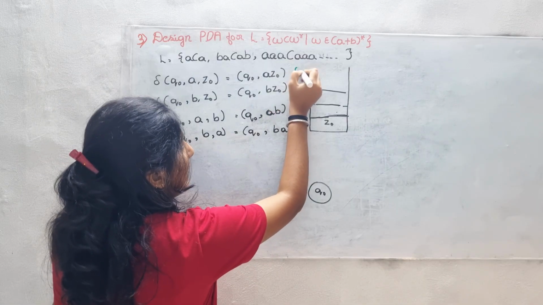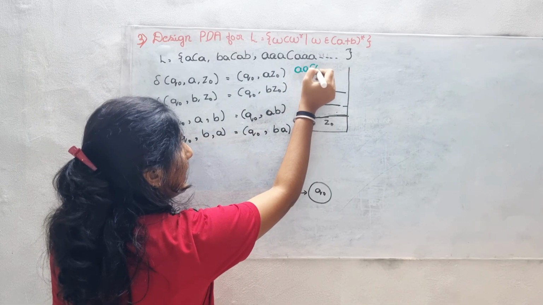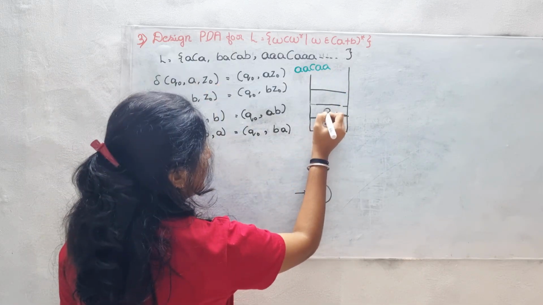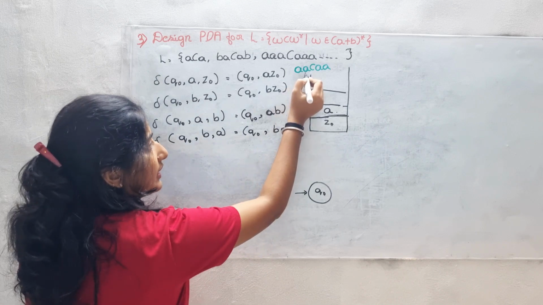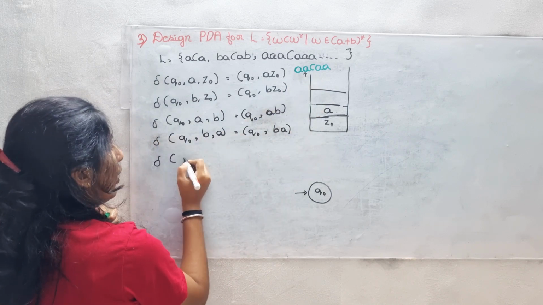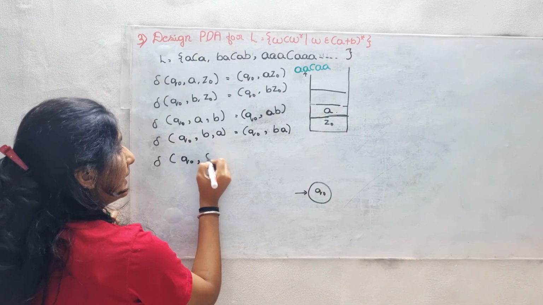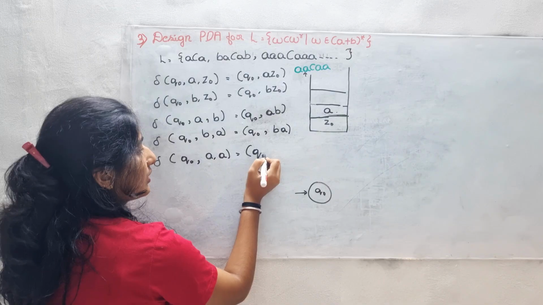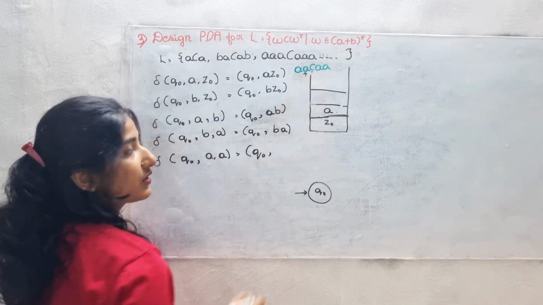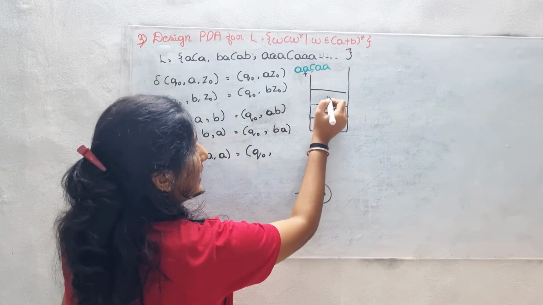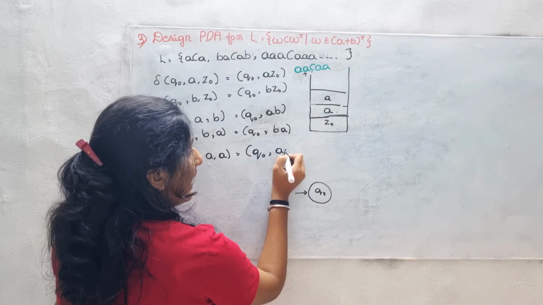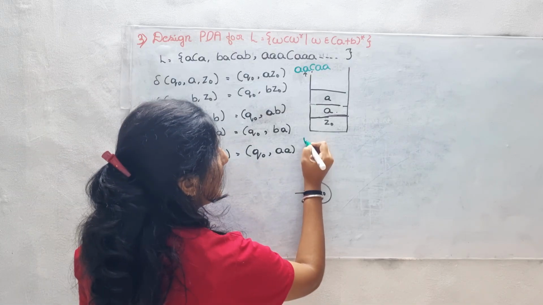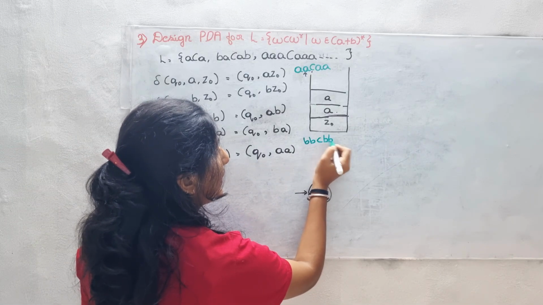There are still more cases of push operation. Let us take ACA. I already pushed the first A, so the pointer is on the second A. Delta of Q0 on input symbol A with top of the stack A: since it is before this marker, I have to push this A. I will remain in state Q0 and push that A. And what if we have BBCBB?